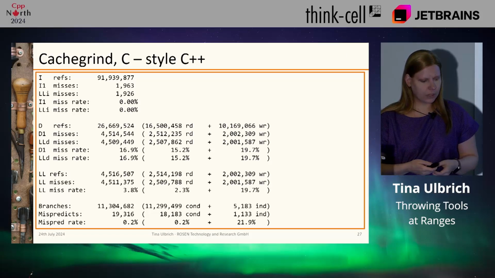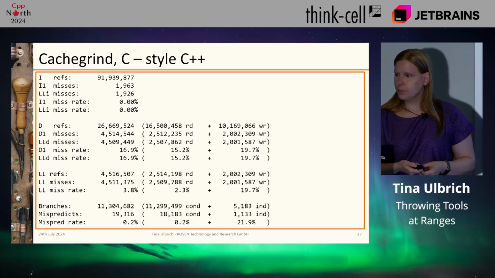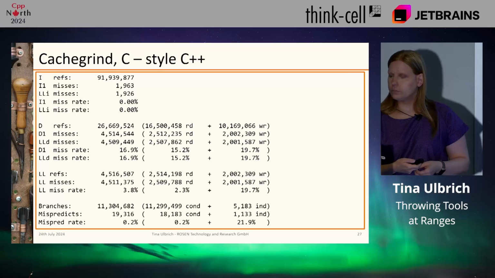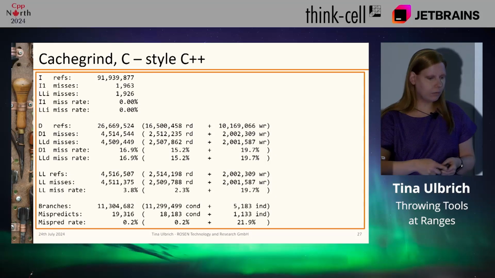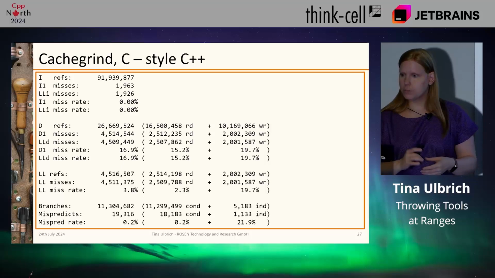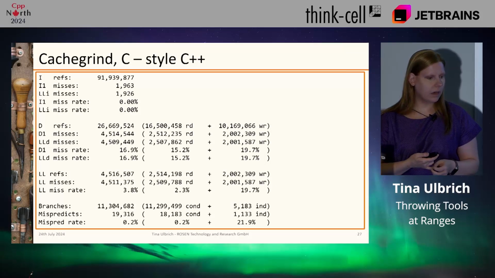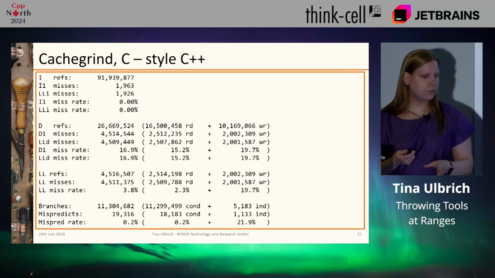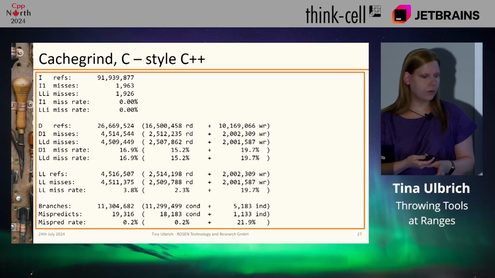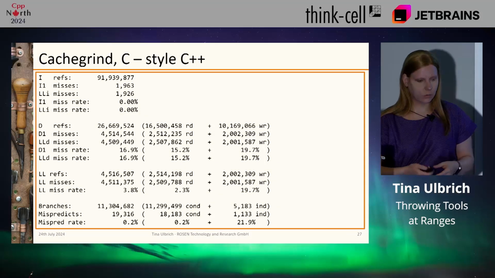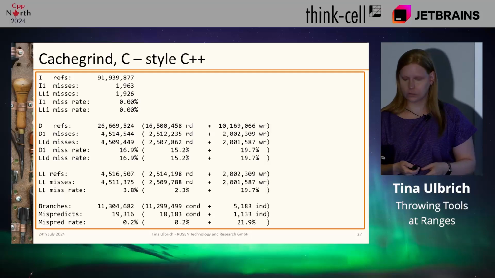So we haven't really looked at the numbers yet. If I look at this with my limited experience, the program actually scores very well. We have a relatively high rate of data misses, but also the overall data misses are not that high, and we see it in comparison to the other programs.